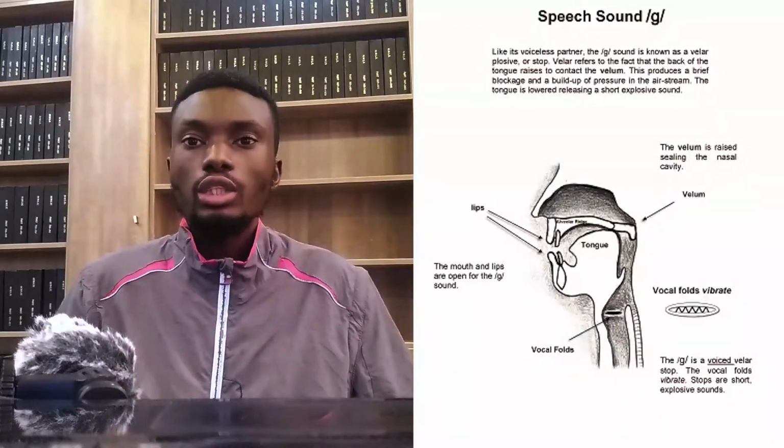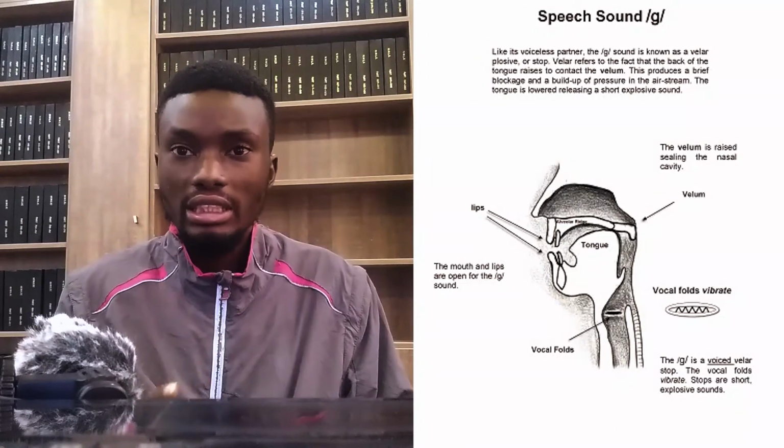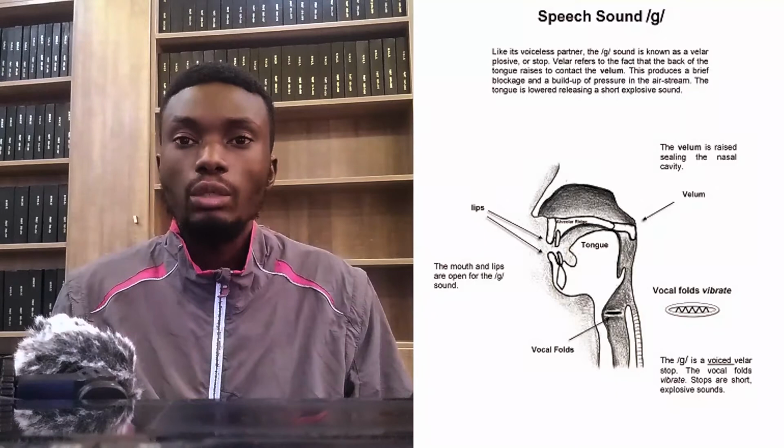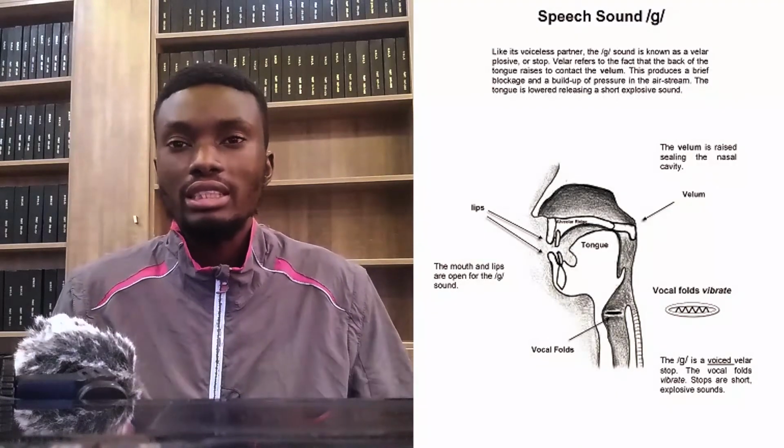G is a velar sound. That is, the back of your tongue is touching your velum. We have the alveolar ridge, the post-alveolar, then the velar at the back, and then we have the uvula. I think only French actually makes use of a sound that uses the uvula. Now the G is a velar sound.